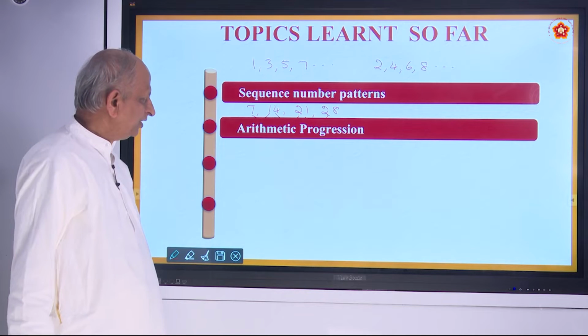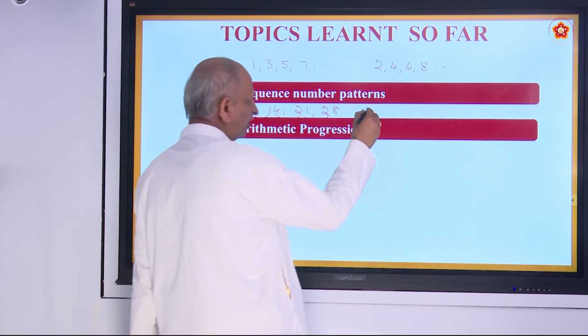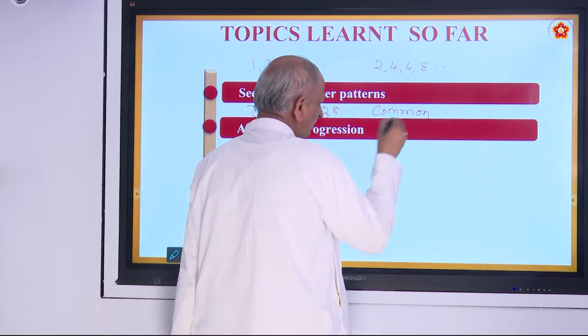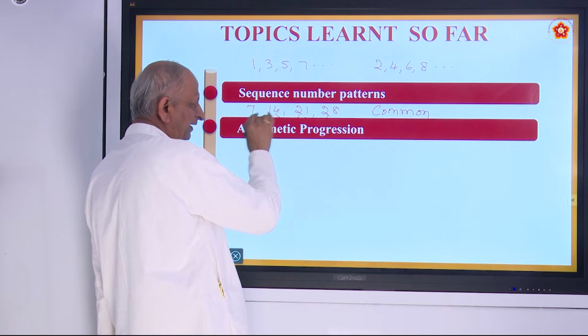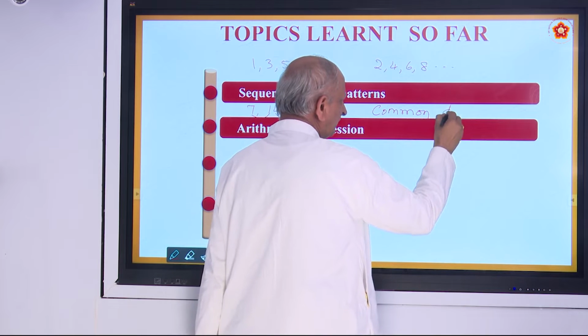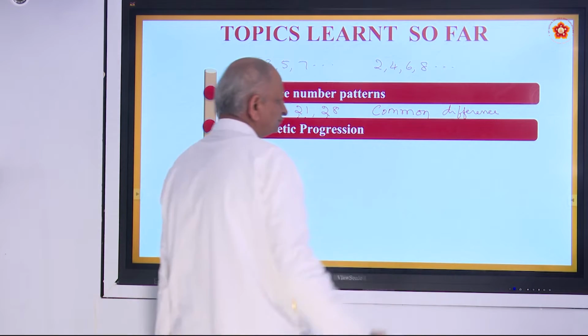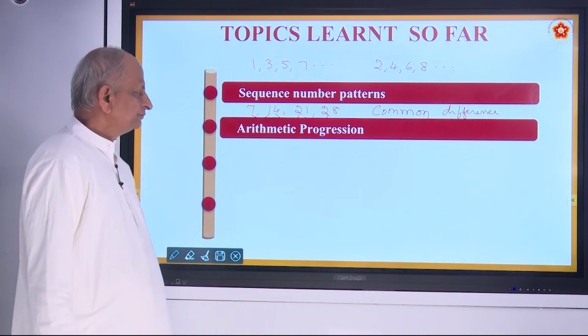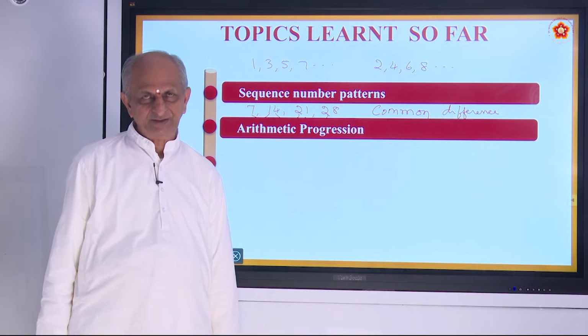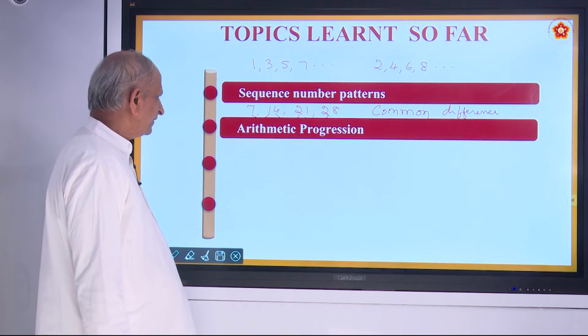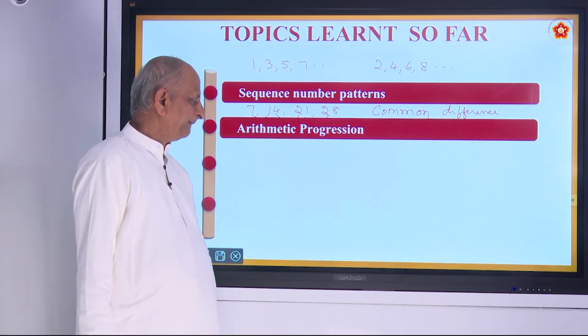So that must be common. That is what is called the common difference. So there is a regular gradation. It may be increasing or it may be decreasing also. Followed? That sequence of numbers is called arithmetic progression.